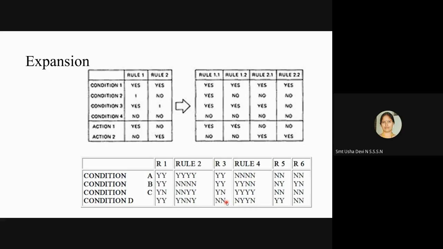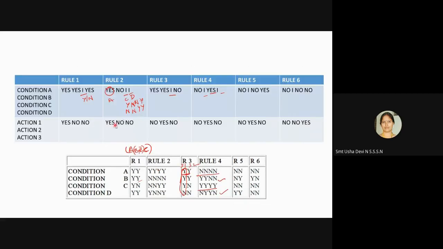Now we do the expansion for our problem, for the result we got in the last slide. We got yes, yes, I, right? Simply we need to substitute the respective values. That means here we don't divide the table into R1.1, 1.2, but in R1 itself we have written the two cases, two combinations.